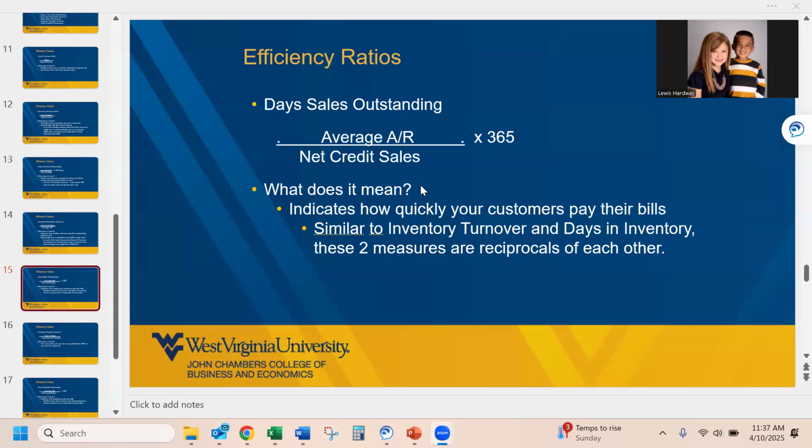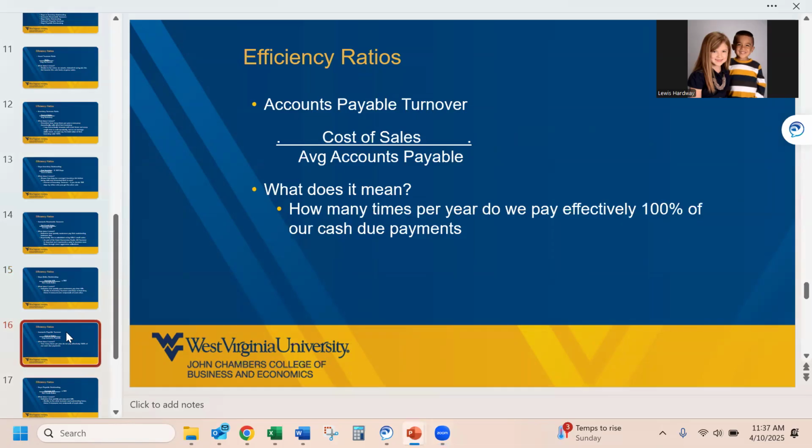Okay, the last one of our cash conversion cycle measures that we need to run through relates to accounts payable. With this, we're looking to see what the time frame is on us sending that cash back out.